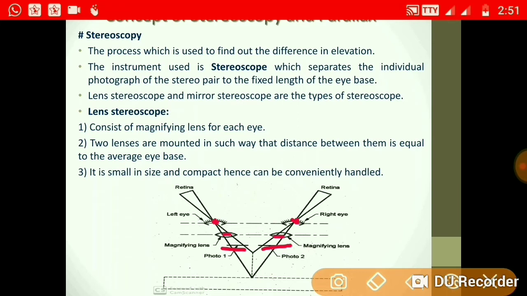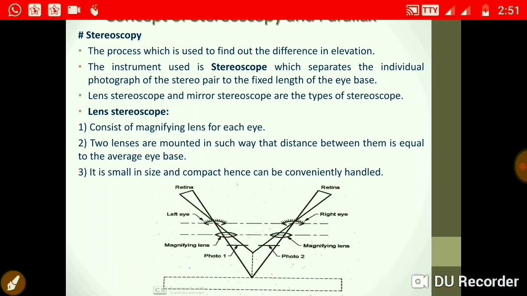Okay, at this stage only consider we are using this stereoscope to put these two photographs, or we can say these two stereo pairs, separately at a proper distance from each other. So for that purpose we use the stereoscope.